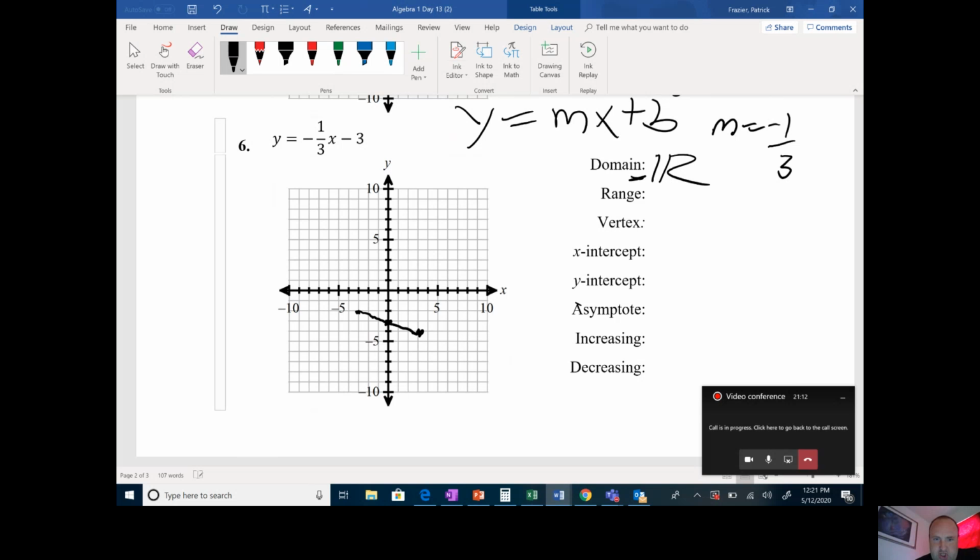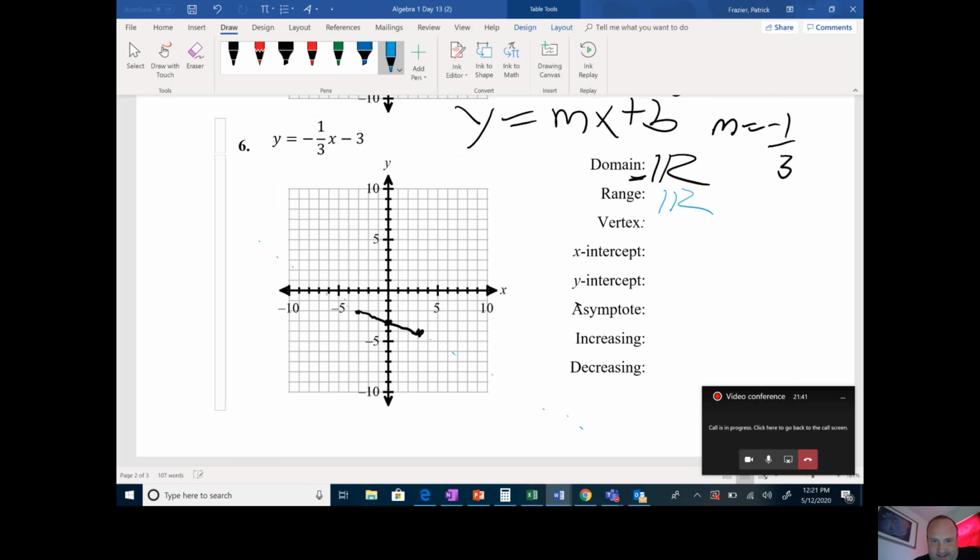The range, there's not really a restriction as far as what the output could be either. I think you can tell that this is going to go up, this is going to go down, but there's going to be a point where we have positive values for y. We obviously have a lot of negative numbers for y as well. So the range is also all real numbers.